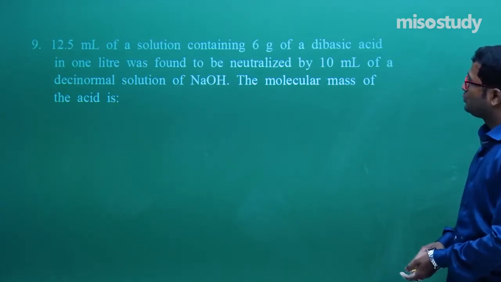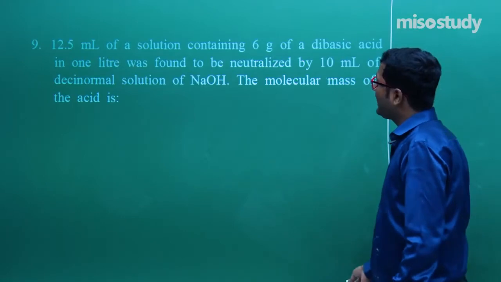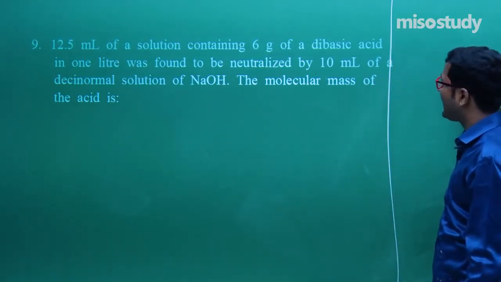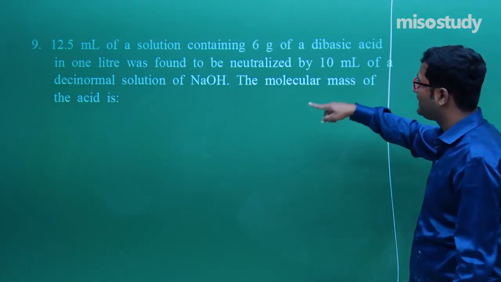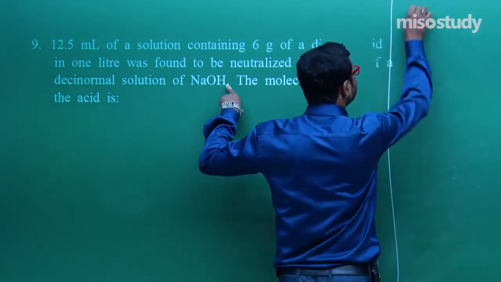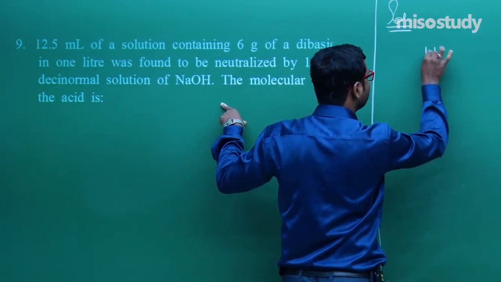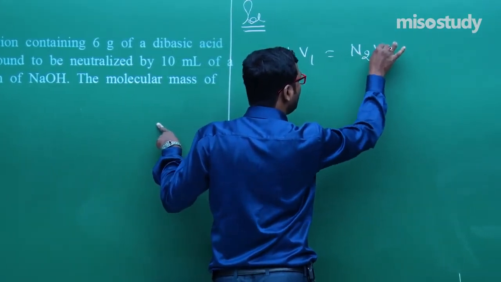Look at 12.5. This is an integer type question. 12.5 ml of a solution containing 6 gram of dibasic acid in 1 liter was found to be neutralized by 10 ml of decinormal NaOH. That means, again the formula, we write here N1V1 is equal to N2V2.